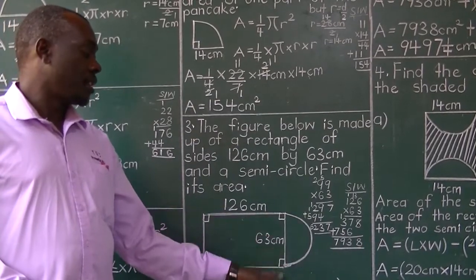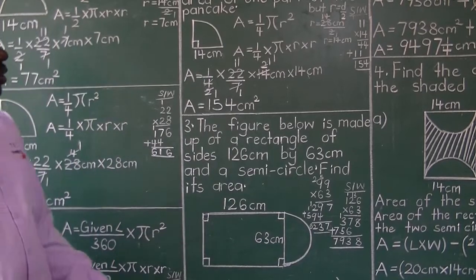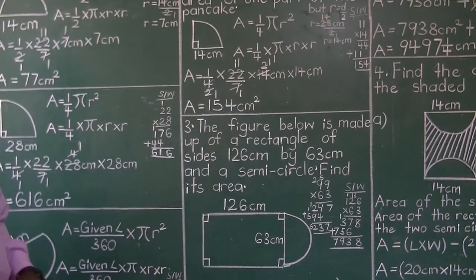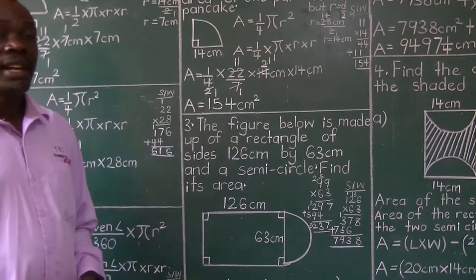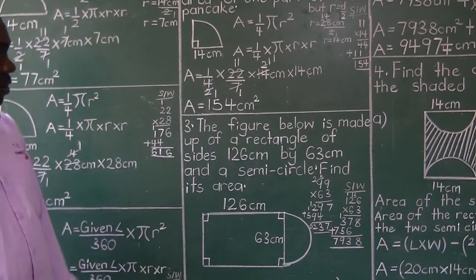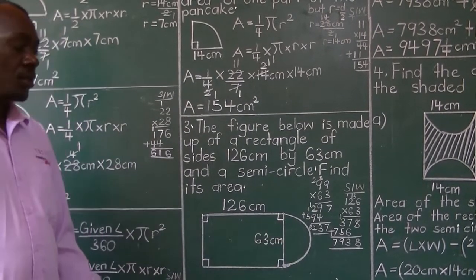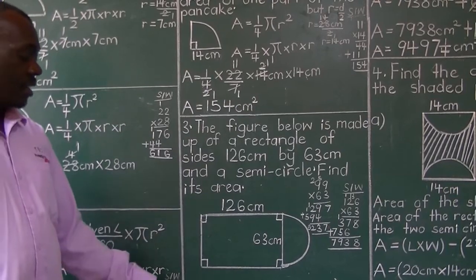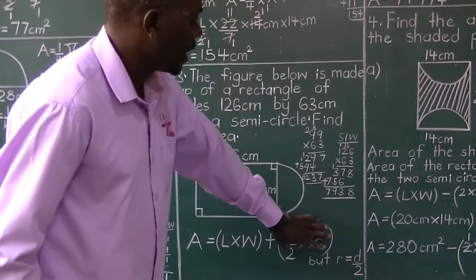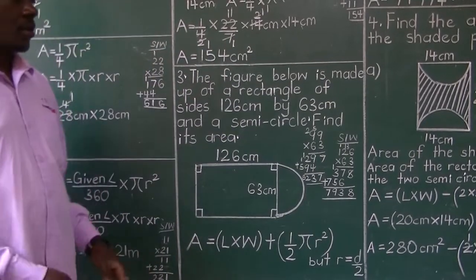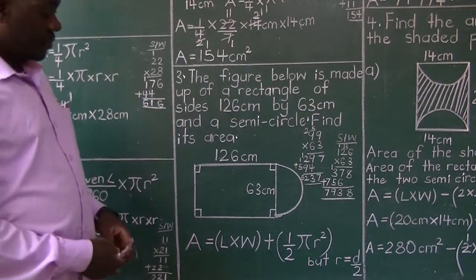You must note that the flat surface of a semicircle is called the diameter. So 63 centimeters behaves as the diameter of that semicircle as well as the width of the rectangle. So being that we've got a rectangle and a semicircle combined, we say area equals length times width, this is for a rectangle, plus a half pi r squared for a semicircle. So that's area formed by addition.